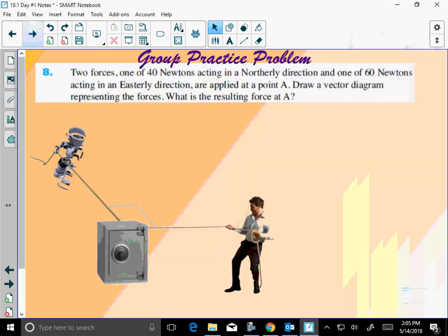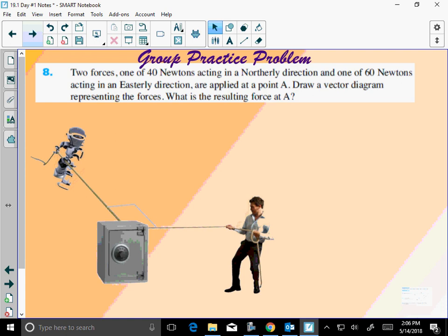Okay, so let's do a creepy robot problem, and Marky Mark in a nice collared shirt there, pulling ropes on the safe. Apparently they're fighting over this. One of them's pulling this safe straight north, the other one's pulling it straight east. One of them is pulling with a larger force easterly, the other one's 40 north, the other one's 60 east, so it's going to move in that northeast direction.